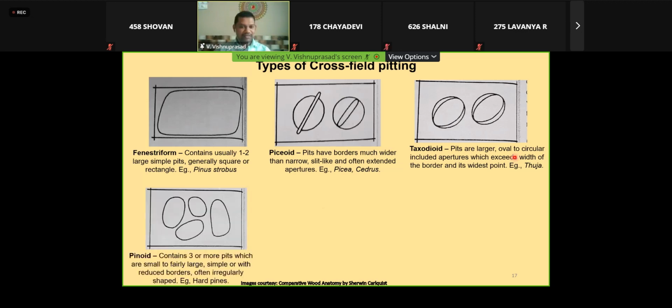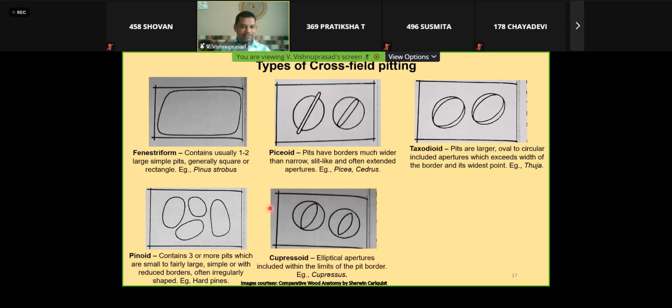So they are hard pines. Example is the hard pine. That's why we call it pinoid. Then you have cupressoid. Cupressoid is slightly different from the taxodioid ones, where you can see the apertures are elliptical in shape. Because of cupressoid, example is Cupressus. So there is a representative genus like that.